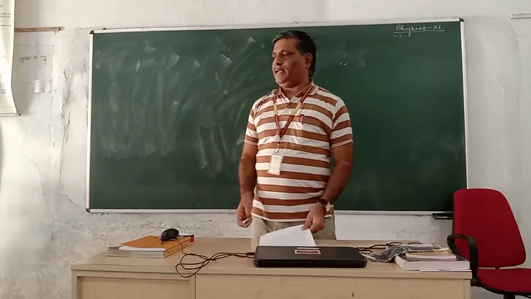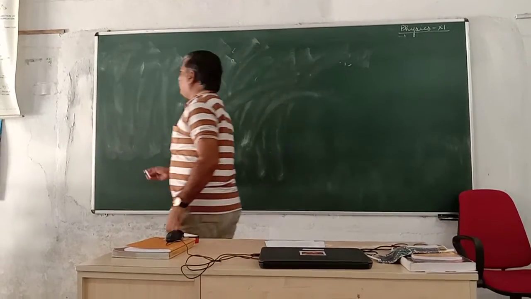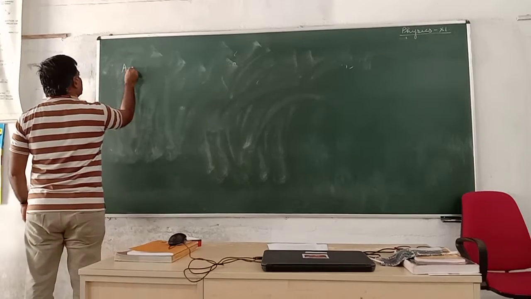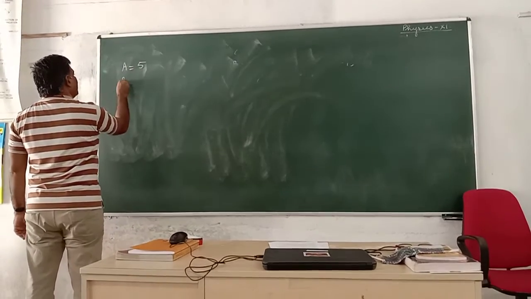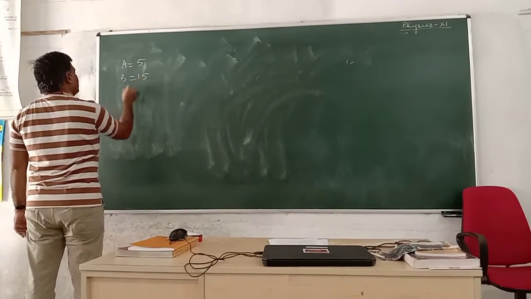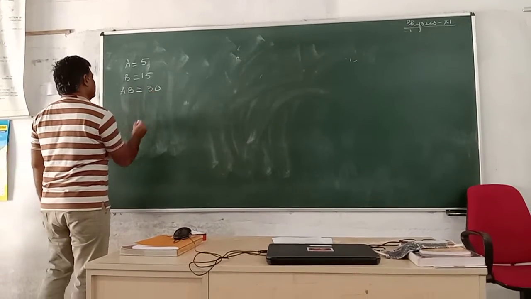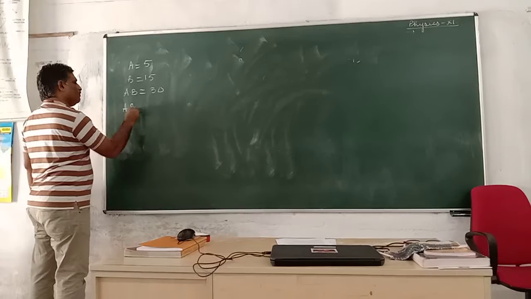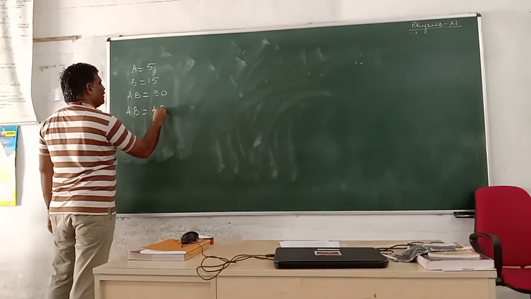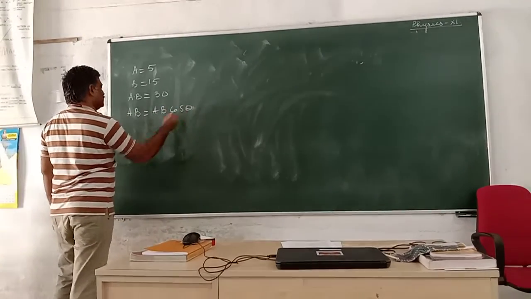Find the angle between A and B. We know A dot B is equal to AB cos theta.